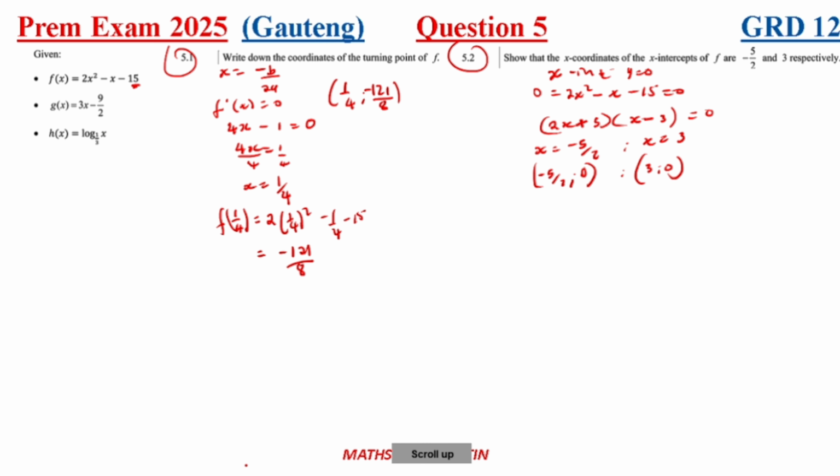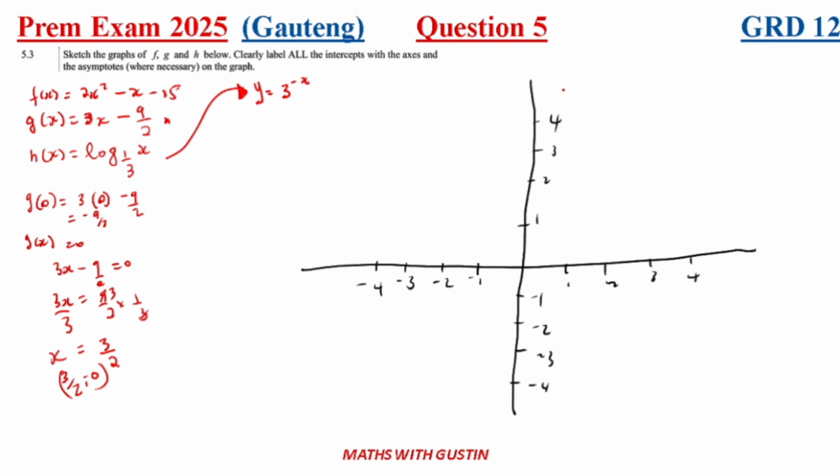Okay, if we're to go back, the parabola says here our turning point is 1 over 4, negative what? Okay, now we've got the x-intercept at 3 and 1 over 2. So now 3 is here. Right, guys, you'll excuse me, I don't have a calculator here.